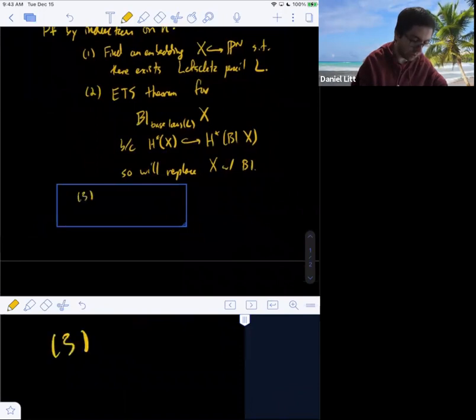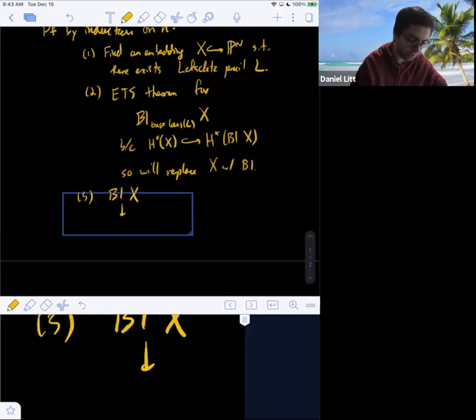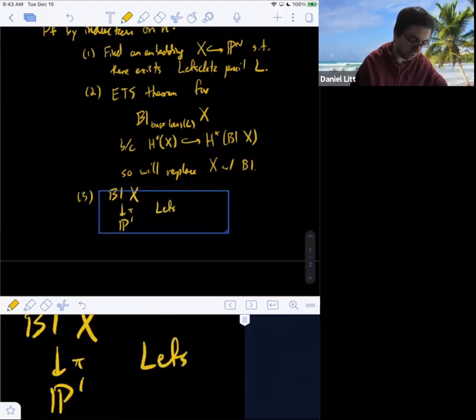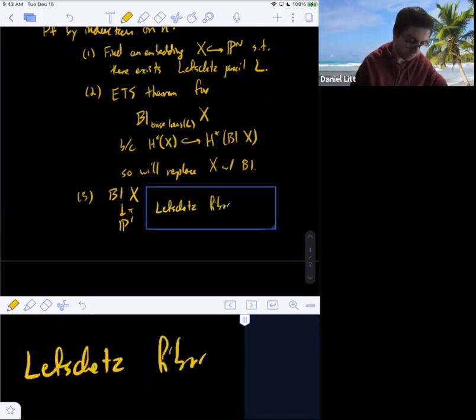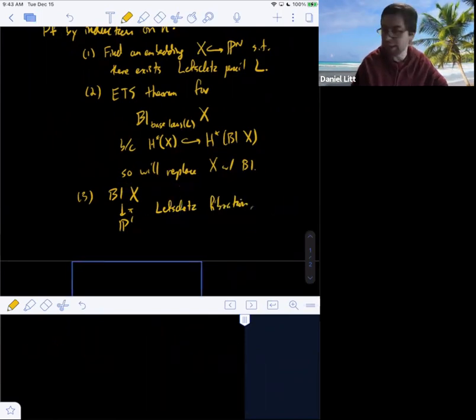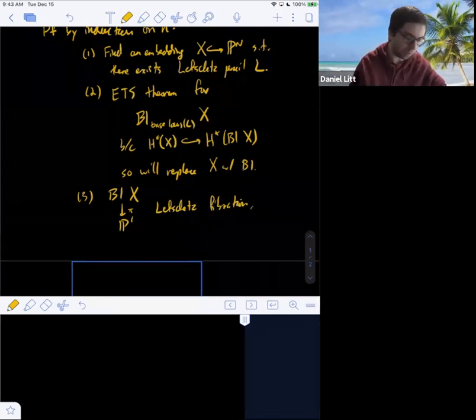Okay, so now given this, we have a Lefschetz fibration. So we have this map from the blow up of X to P^1, which I'll call pi, which is a Lefschetz pencil, Lefschetz fibration. And we want to understand H^{n+1} of this blow up.